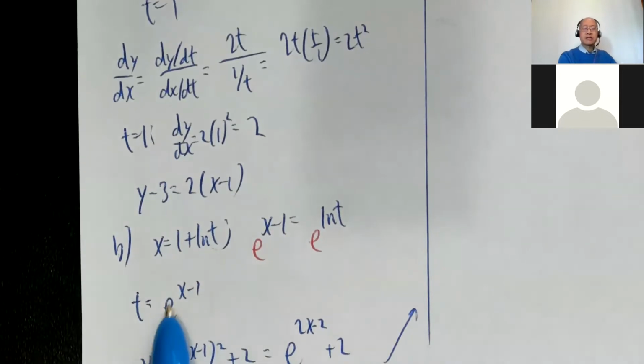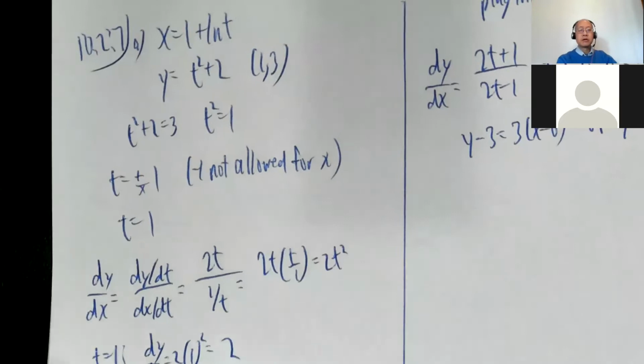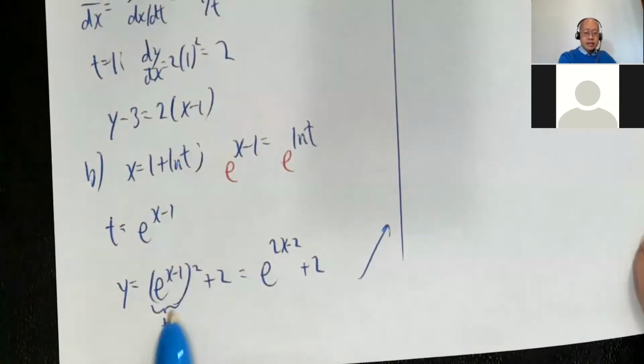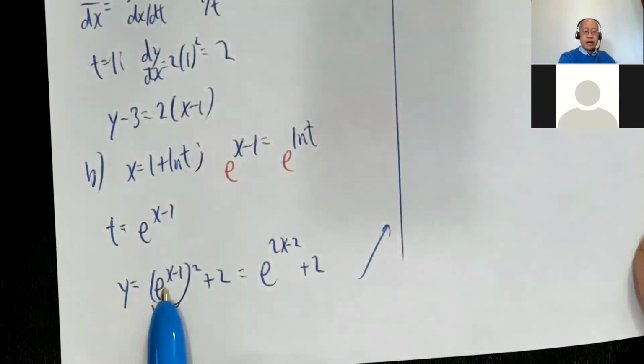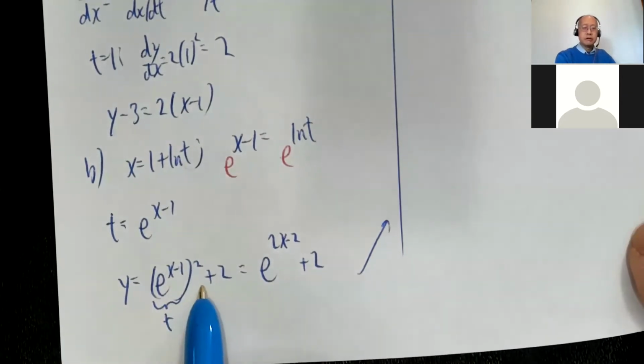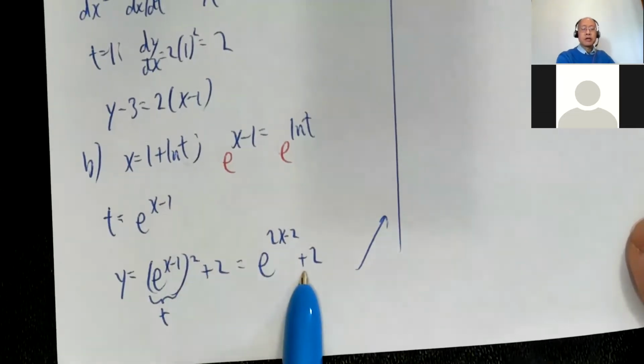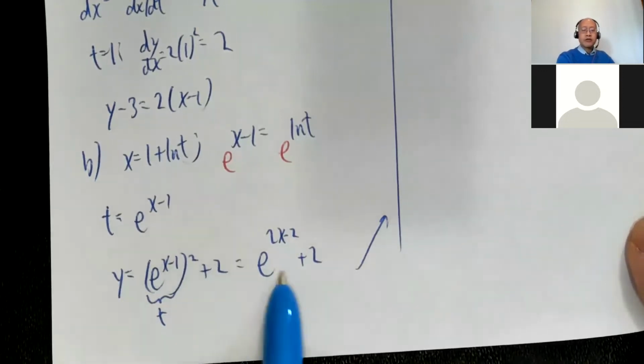Now I take that expression and plug it in for t. y is t squared plus 2, so y is (e to the x minus 1) squared plus 2. Multiply this out: e to the 2x minus 2, plus 2. Now it just becomes like a Calc 1 problem, y as a function of x.